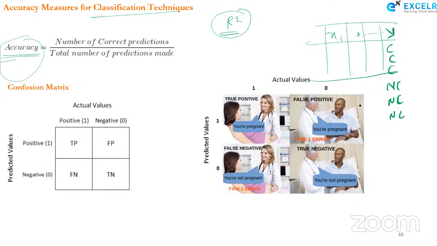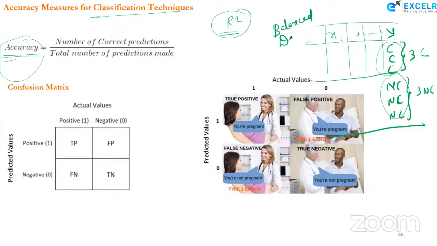If I have equal number of observations, here 3 observations belonging to the cancer class and 3 belonging to the no cancer class, if my data set has equal observations with respect to the classes, then this kind of data set is called a balanced data set, okay.